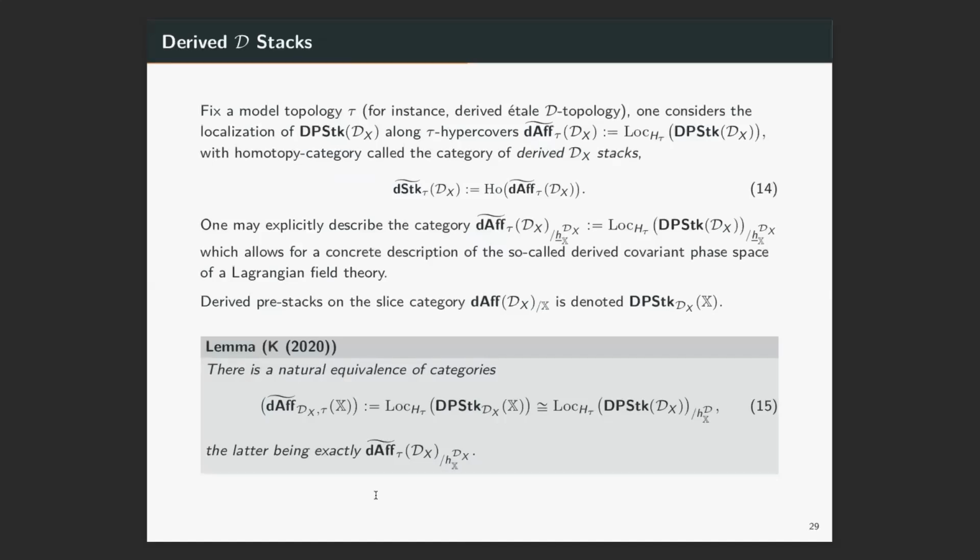It's a longer story, but the point, after you do all of this, is that we can effectively prove there's an equivalence between localized prestacks over some fixed space and the localization of the prestacks on a slice site, and the slice site of the localization.